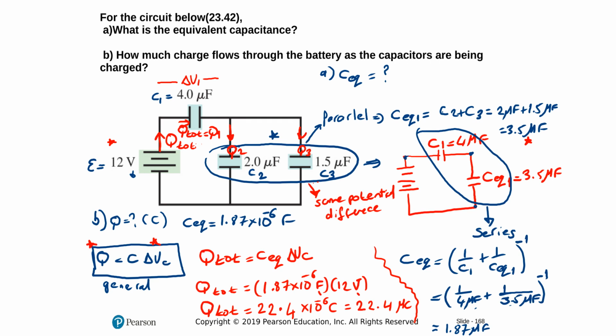From this equation, delta V1 would be equal to Q1 over C1. And then whatever potential is left will be shared by these two guys here. So I can find delta V2, delta V3, which will be the same, and then reach the charges that accumulate on those capacitors.